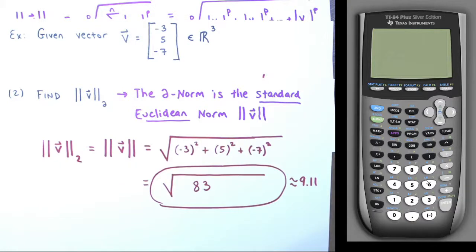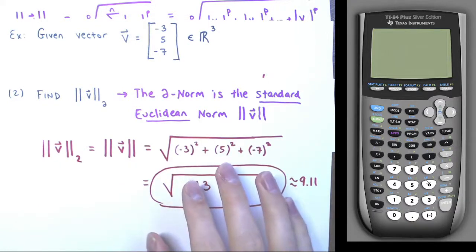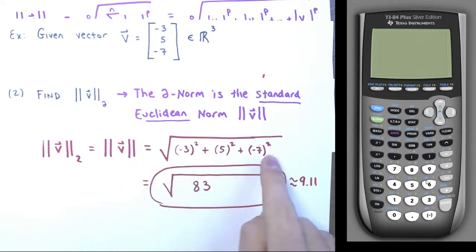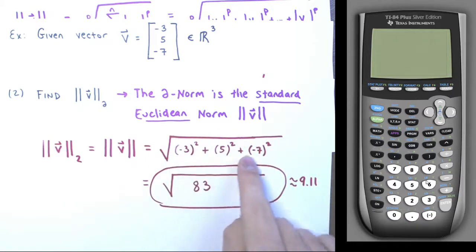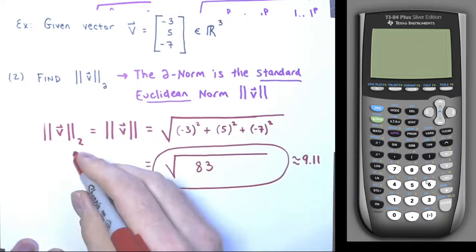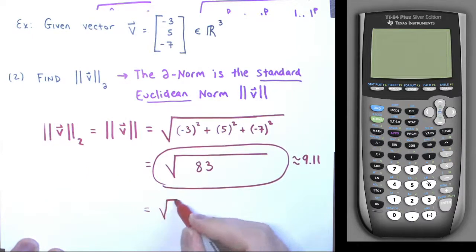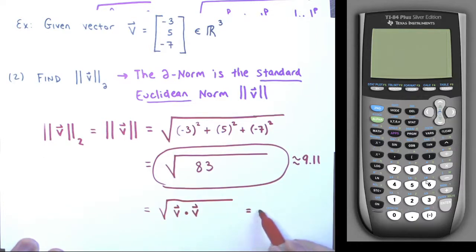And remember too, this was also the square root of the dot product of the vector with itself. So let me write that again. Remember this 2 norm was the square root of the dot product of the vector with itself, and the dot product was an inner product.